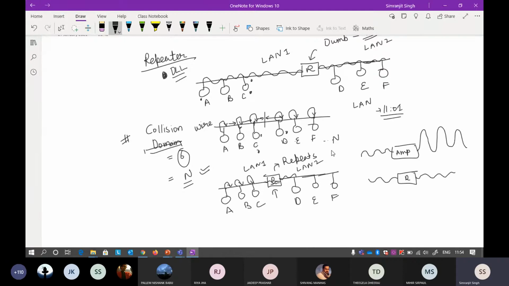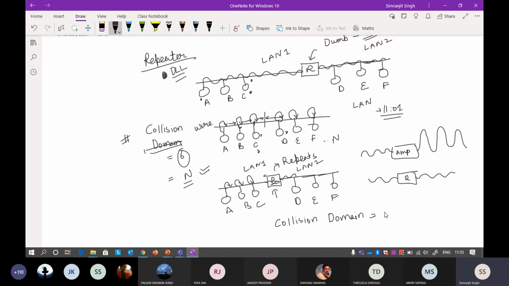The signals are just going through the repeater as usual. It is not doing anything extra. That is why the collision domain after introducing the repeater will remain the same.